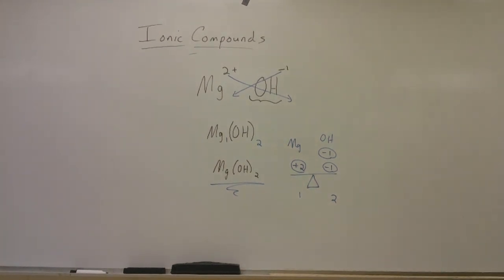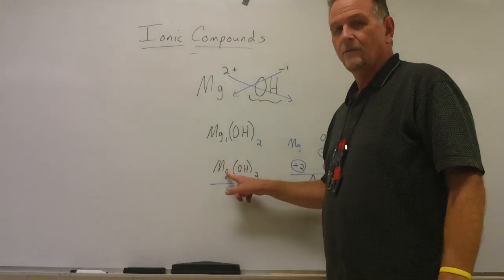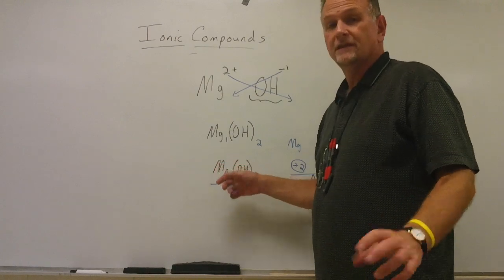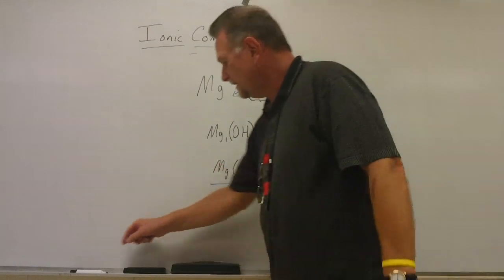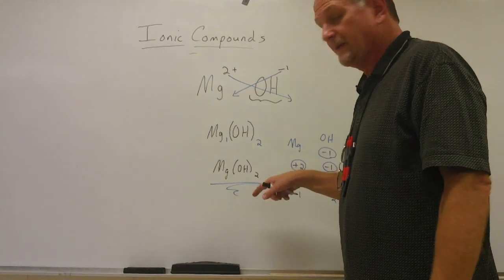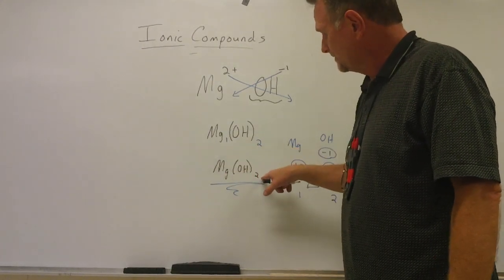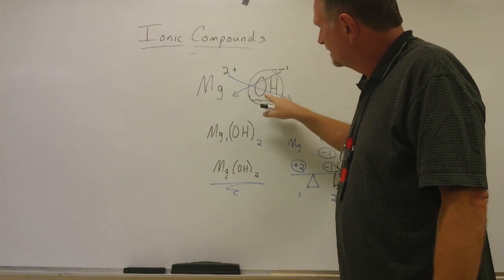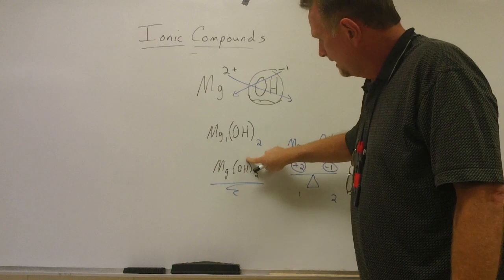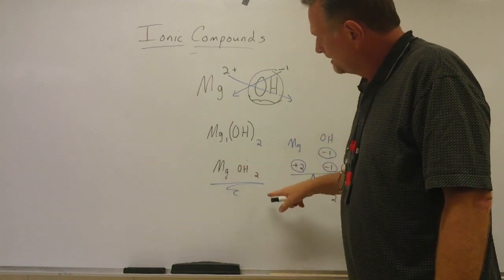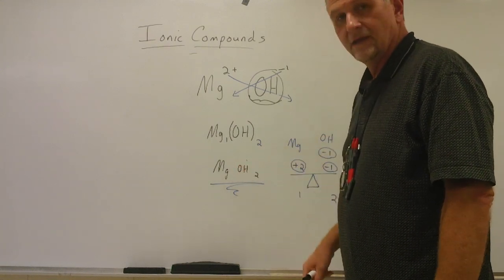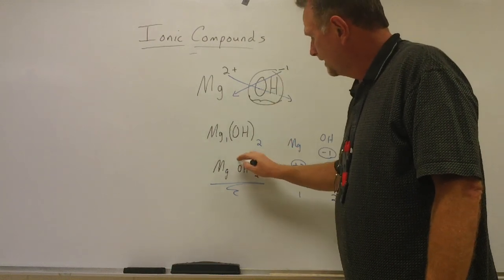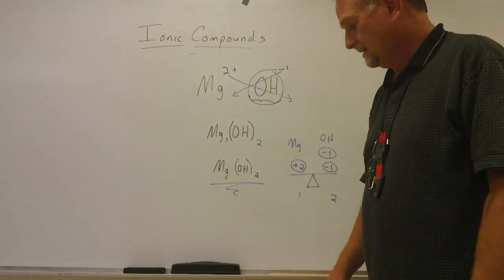Now, remember, as Mr. Walsh was saying, you don't really need to write the 1 in here, because if you write magnesium once, it's understood that there is 1 of them. And the biggest reason why you want to put the parentheses around the polyatomic ion when you bring that number down as a subscript is that OH consists of only one O and one H. If we wrote it without the parentheses, you would think that it's one O and 2 H's, which would be incorrect. That's why there's the need for the parentheses.